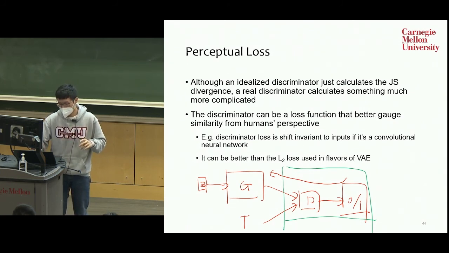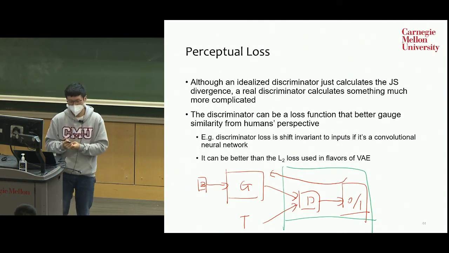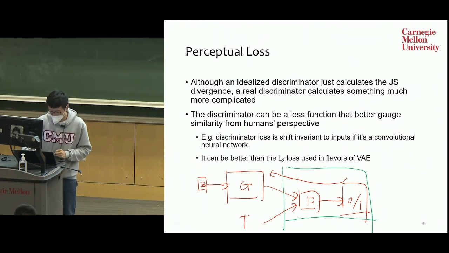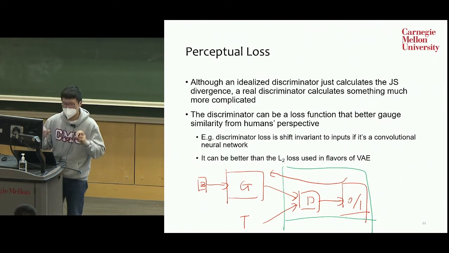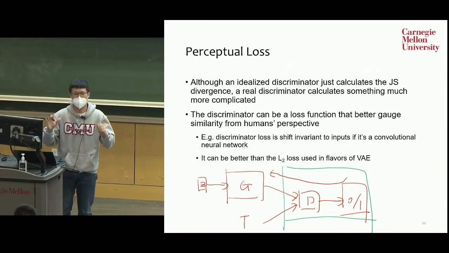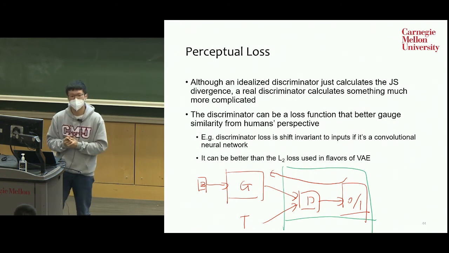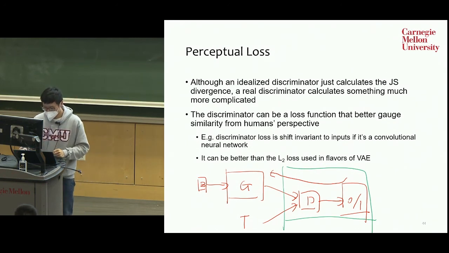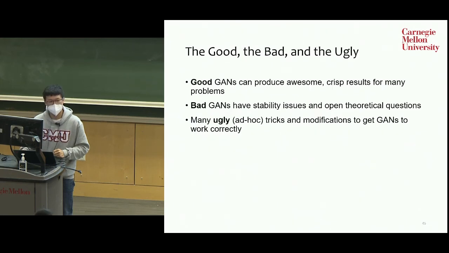This black box, the green box, is a loss function that tells your model how good or how bad it is doing. So what I'm saying is that the discriminator can be thought of as a perceptual loss function. Any other questions?